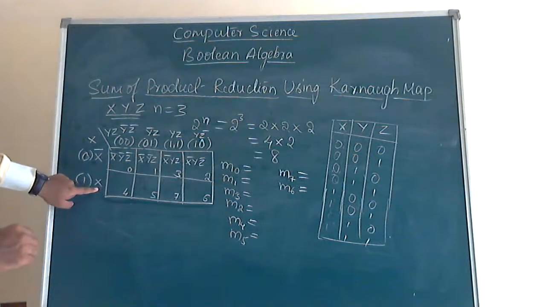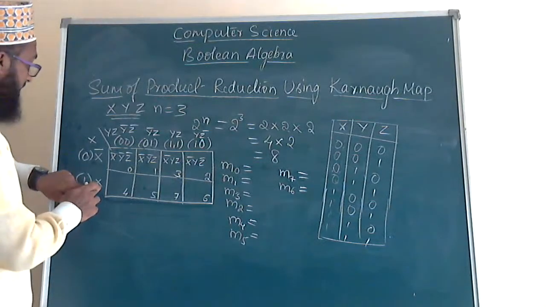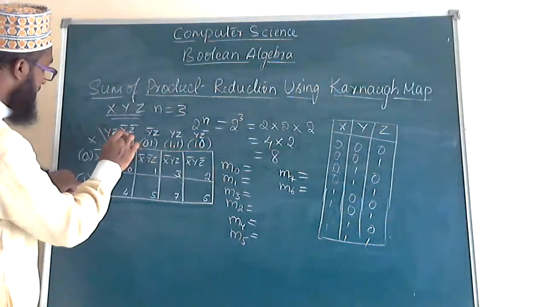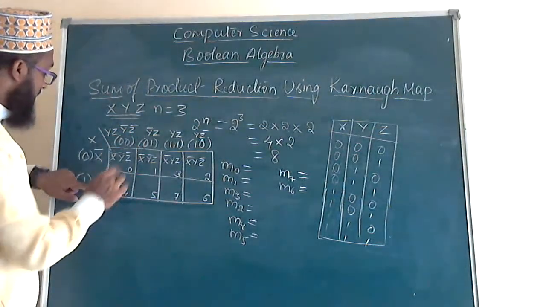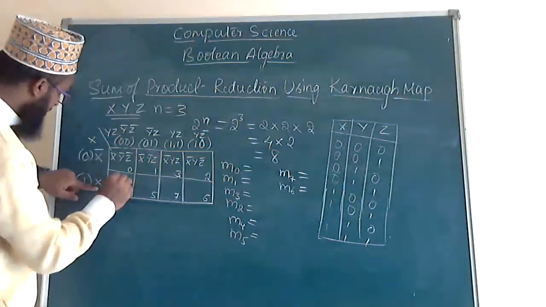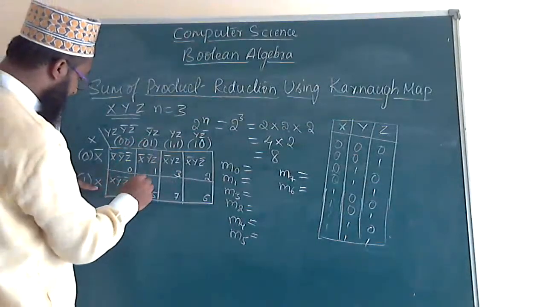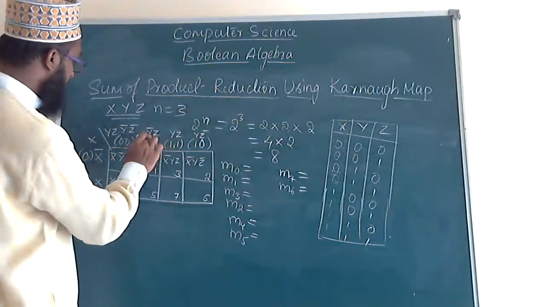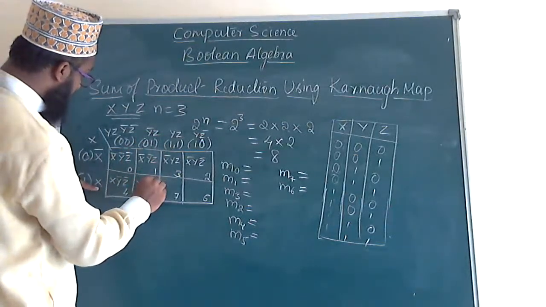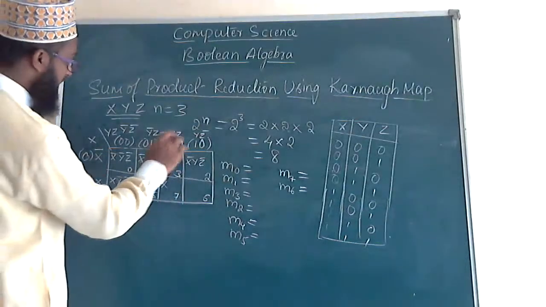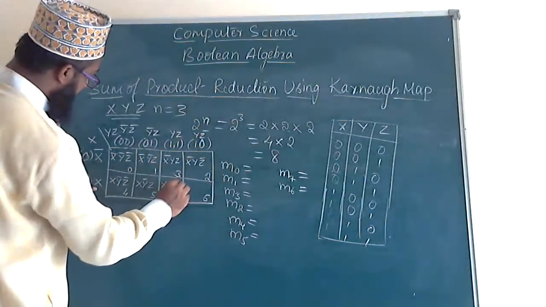Now come to the next row. Here x is there, write x first, then write these literals, y bar, z bar. Then write x here, then take these two, y bar, z. Then write x here, then take these two, y, z.